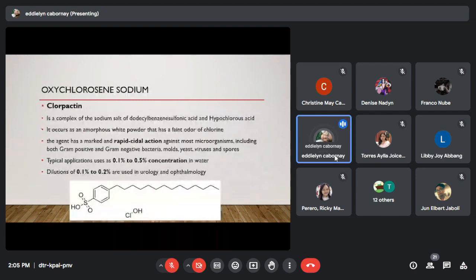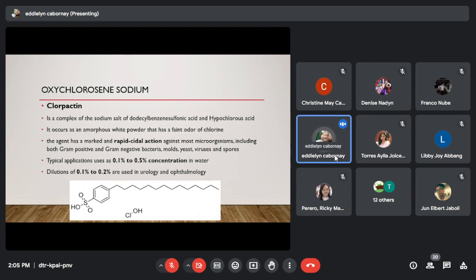Okay. So we have oxychlorosene sodium or the Clorpactin. So it is a complex of the sodium salt of dodecylbenzene sulfonic acid and hypochlorous acid. So it occurs as an amorphous white powder that has a faint odor of chlorine.